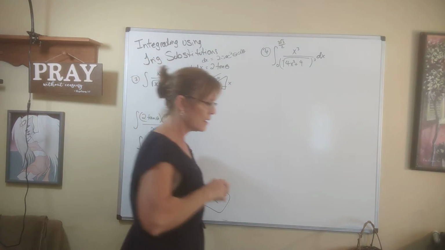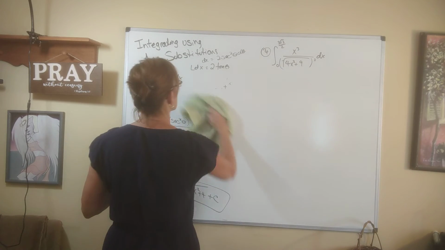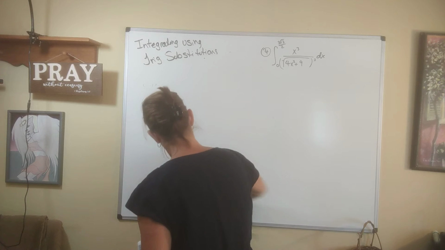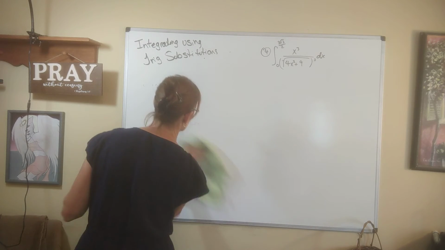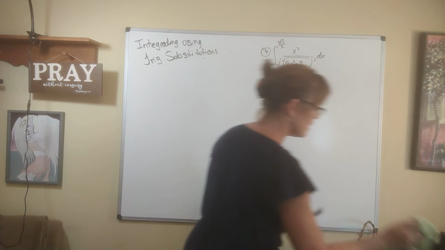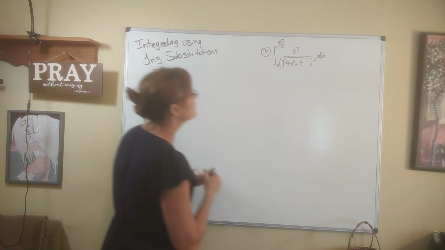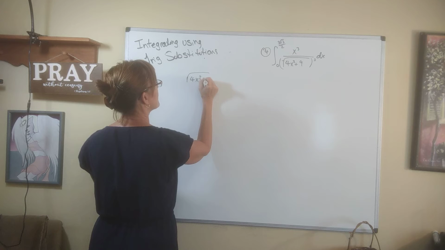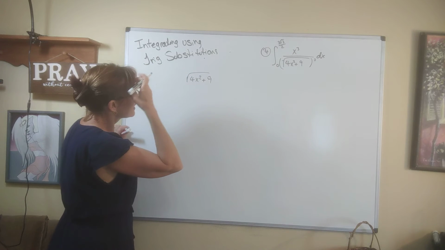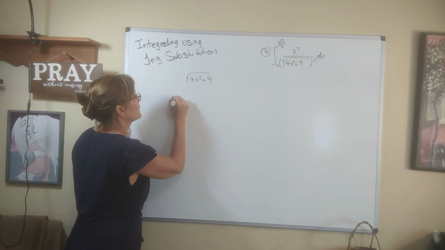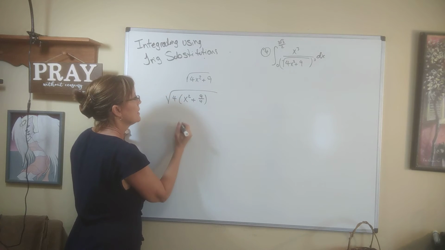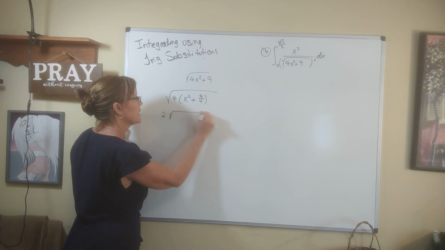Just in case I need more room, let me make some more room for this last one. What I'm working on is 4x squared plus 9. I'm going to factor out a 4: x squared plus 9 over 4. I'm going to take the square root so I don't have to look at it.